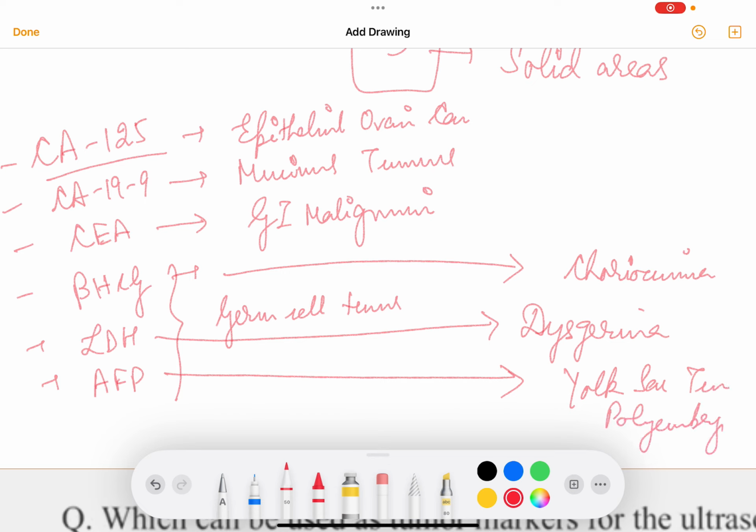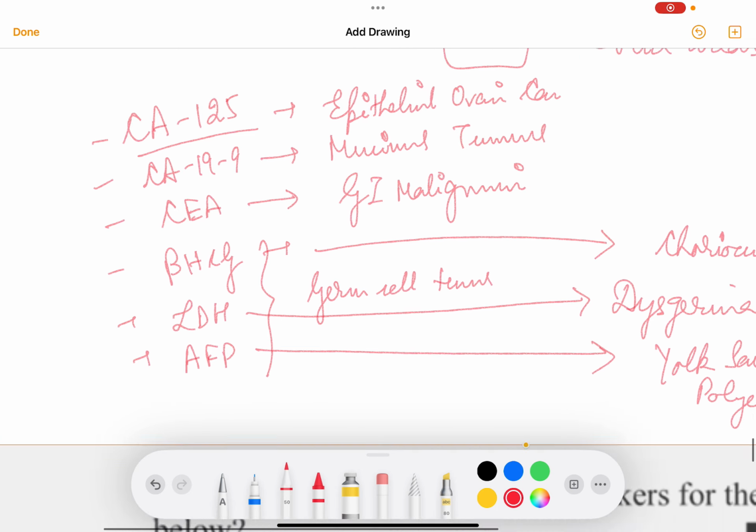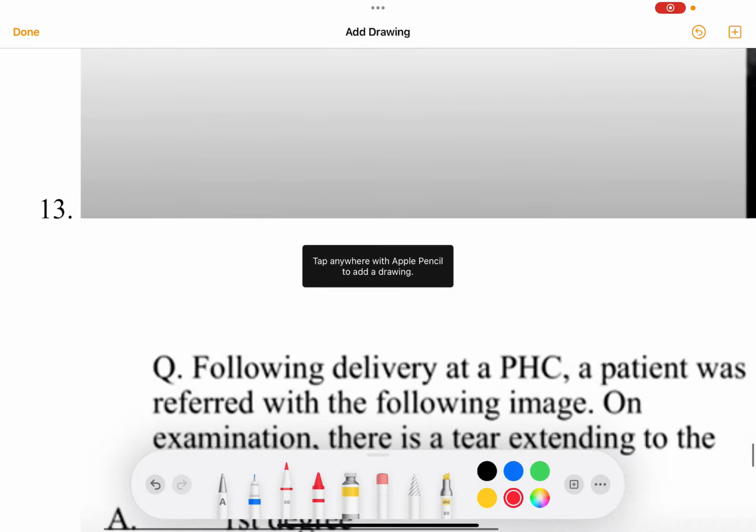So basically these 6 tumor markers we get done. This is the panel of tumor markers which helps us in differentiating what type of probable cancer is there. Based on that we go for the surgical management. So these are the tumor markers which are done.